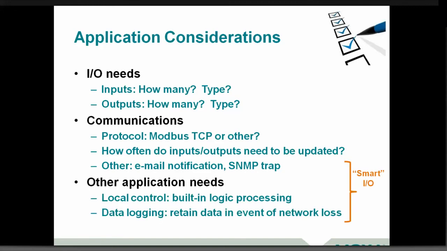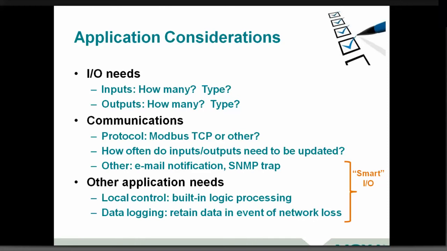Lastly, in those other application needs, we talked today really about the simplest type of I/O, just in terms of getting those physical assets into your network and communicating with something simple like Modbus TCP. Sometimes those I/O needs have to have a little bit of intelligence.